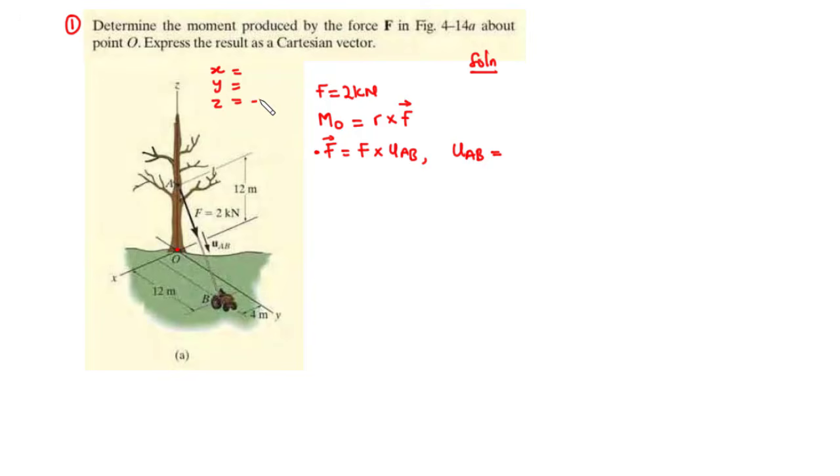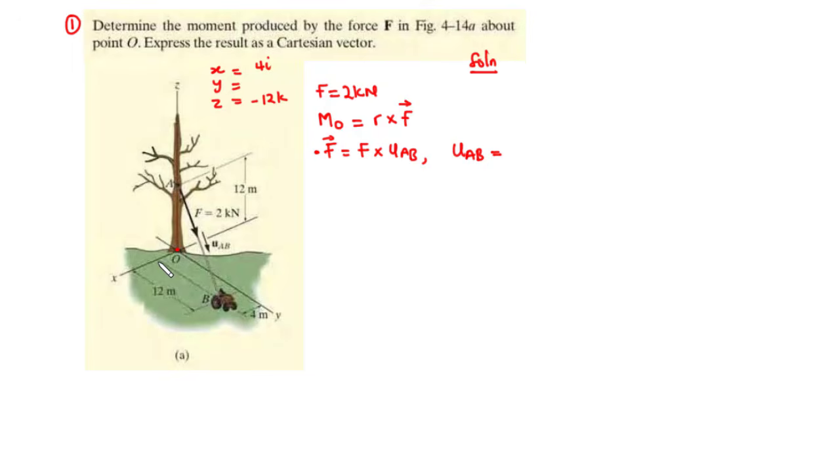So that becomes negative 12k in meters. And then you need to move along the X axis. So away from point O means that you have a positive value, which is 4 meters. So that is 4i, also in meters.